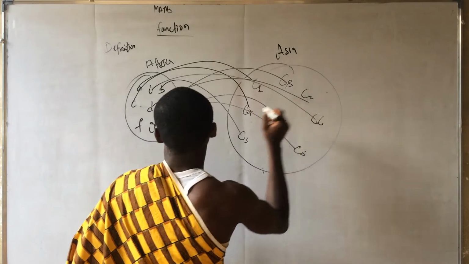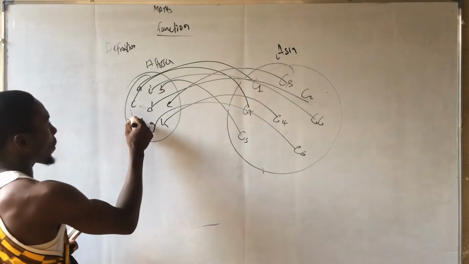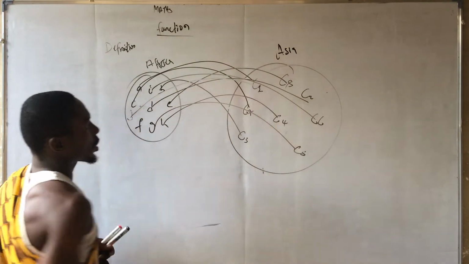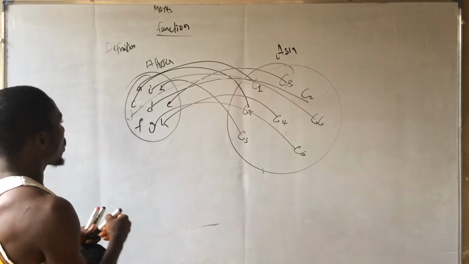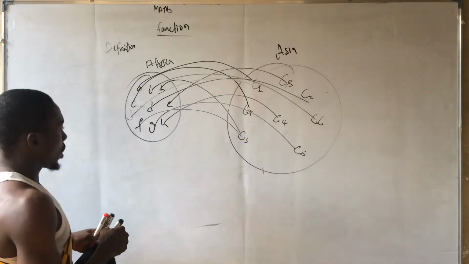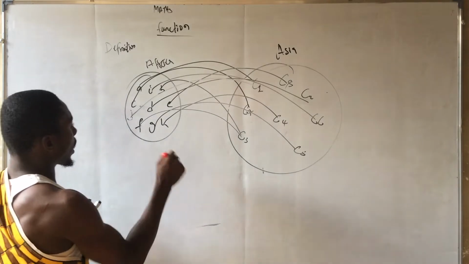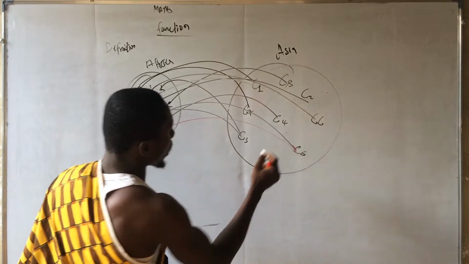If we have, let me say, I and J, this also can map this person to country 1. Also, this can map this person to country 3. If we have another one, K, this can map this person again to country 5.